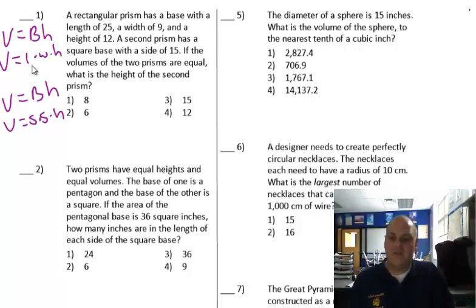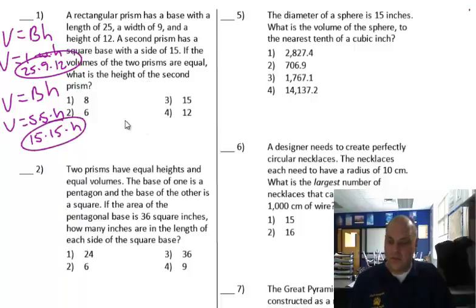All right, so we have 25 times 9 times the height of 12. And then this one we have 15 times 15 times some other height. We don't know. The volumes are equal, so I could set these equal to each other.